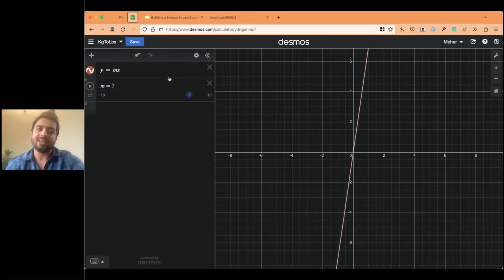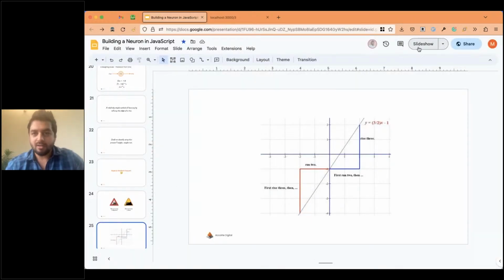That's what your y value is basically: y is some multiplier of x. So that's where your slope is. And slope really helps you in understanding how much you need to reduce your error in a number of steps. All right, so let's move on.